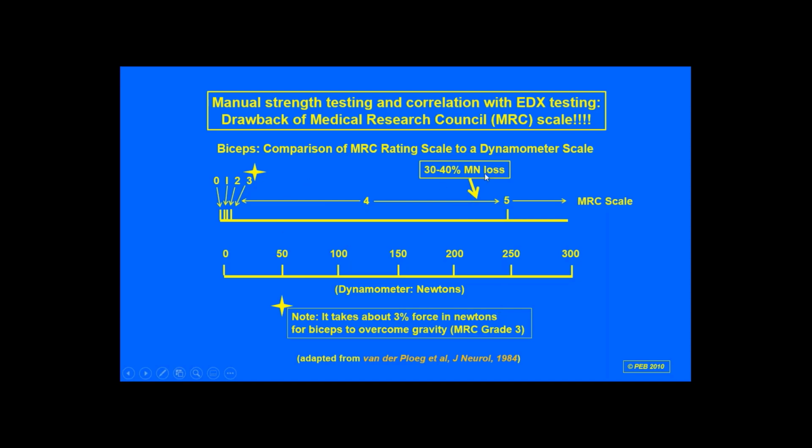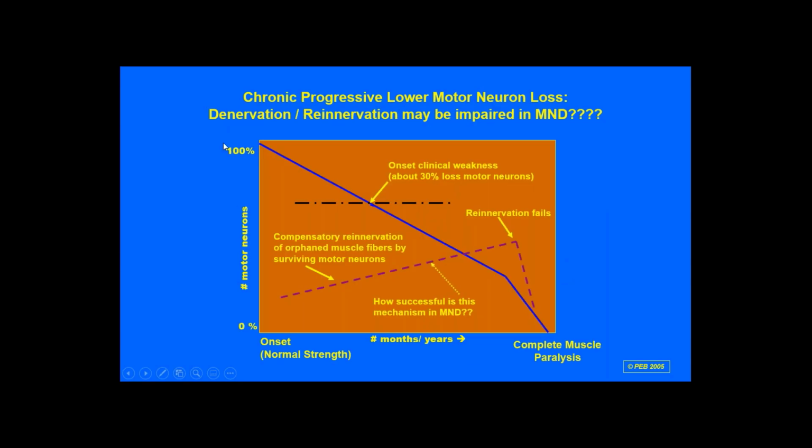So we have this huge range here, and how we start to look at motor neuron loss and what the correlates are. And it's right about here we start to see clinical weakness. So in this schematic here, we have 100% and 0% of our motor neurons on this side. And along here is the duration of disease, whatever it might be, and onset, and then complete paralysis.